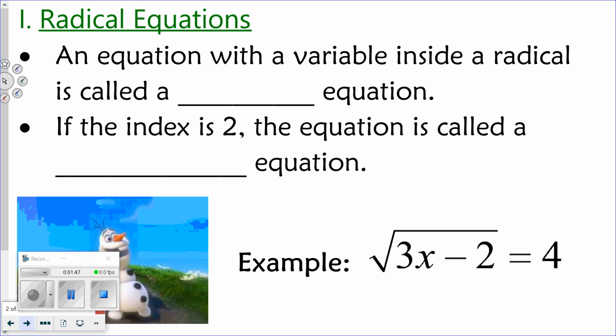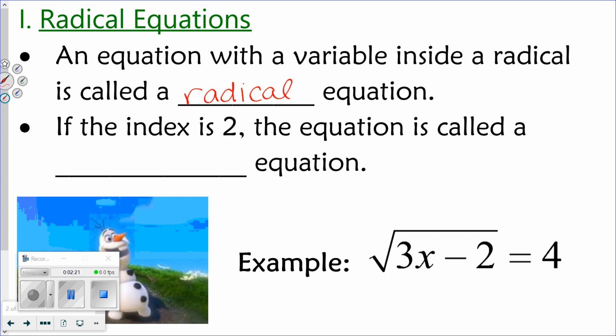An equation with a variable inside a radical is called a blank equation. Any guess? Yeah, it's just a radical equation. If the index is 2, the equation is called a... Well, if the index is 2, what is that?